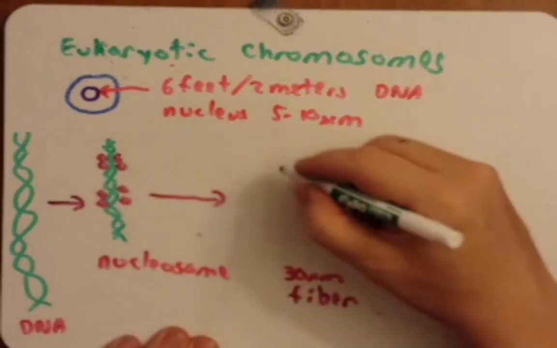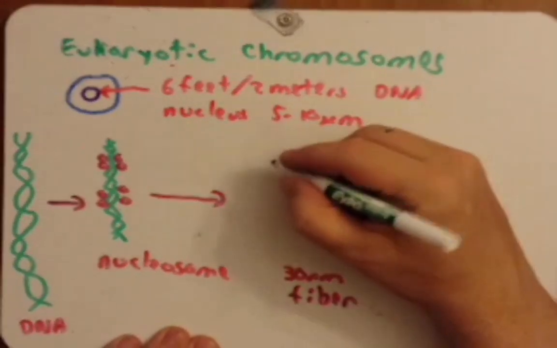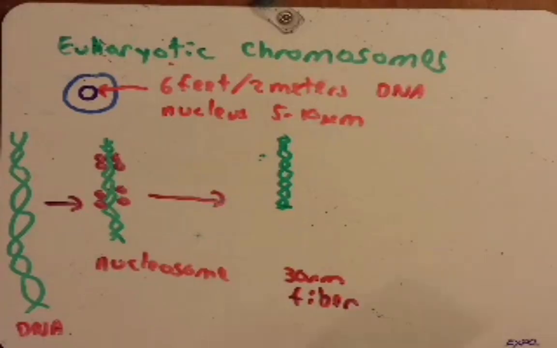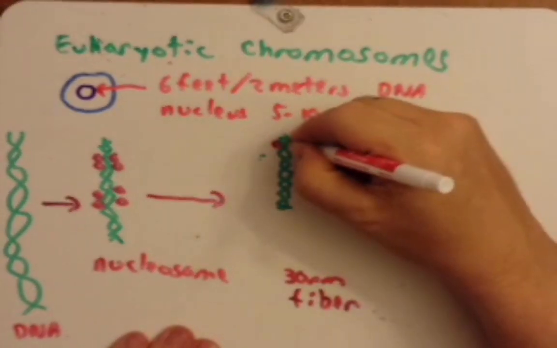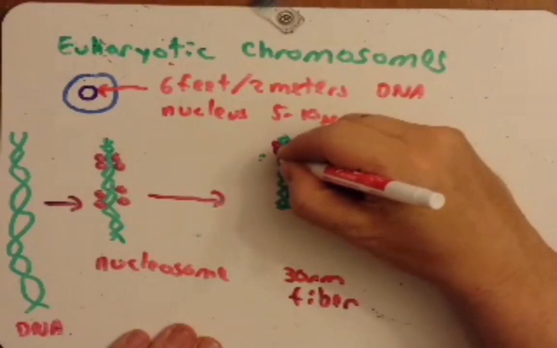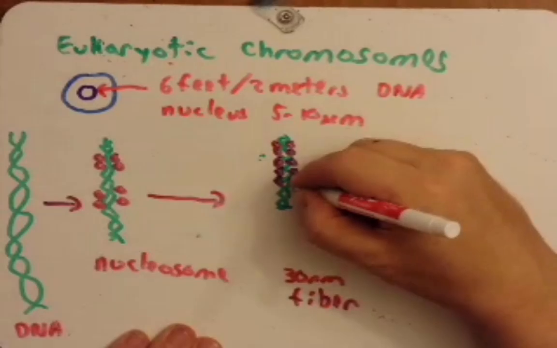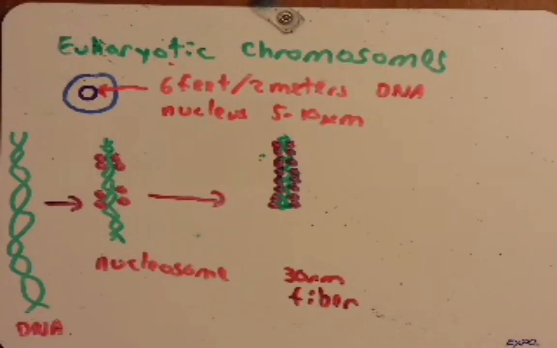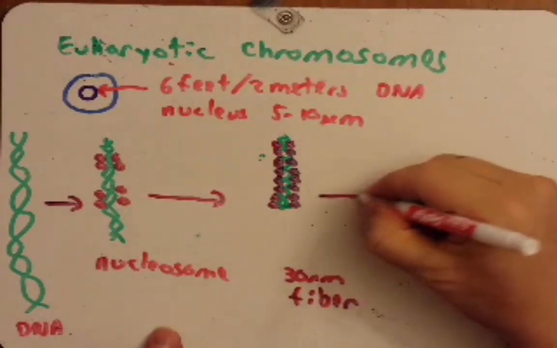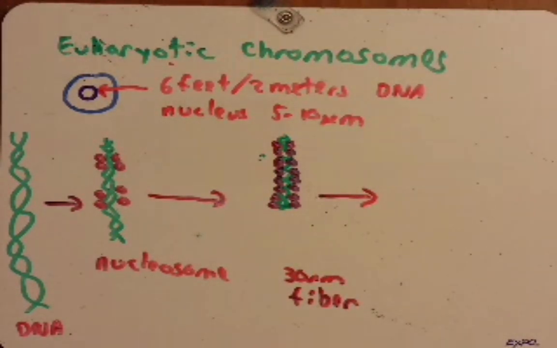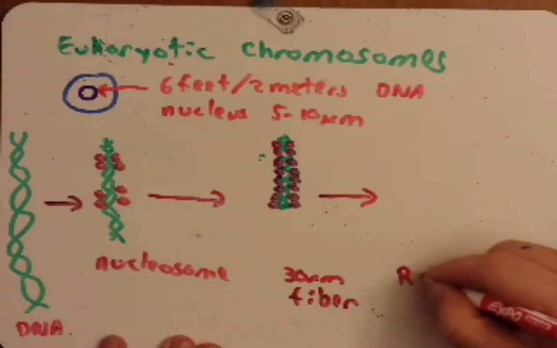It's not going to look like this over here, but it's going to appear in such a way that the nucleosomes are almost right on top of each other, because they're folding upon each other. And much like the loop domains in bacterial cells, eukaryotic cells will next form what's known as radial loop domains.